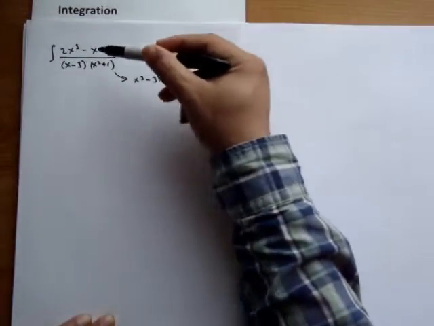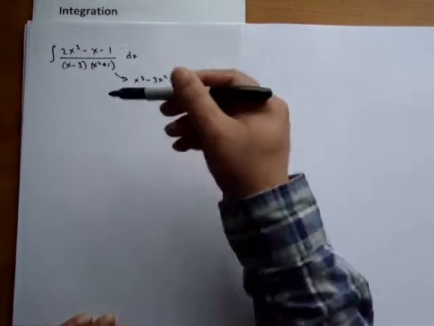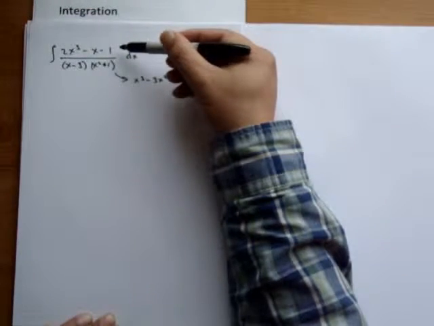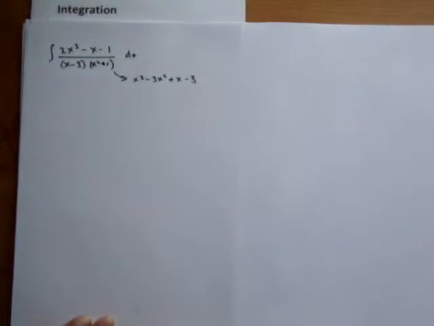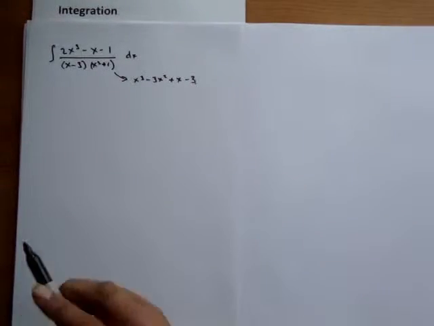So the degree of the polynomials are the same, so really we want to reduce the degree of the numerator. So we can either do this by algebraic long division or a quick method.